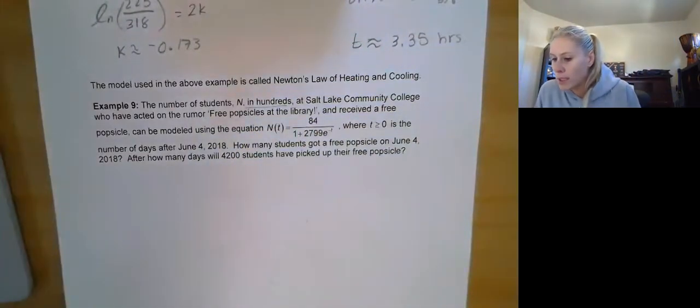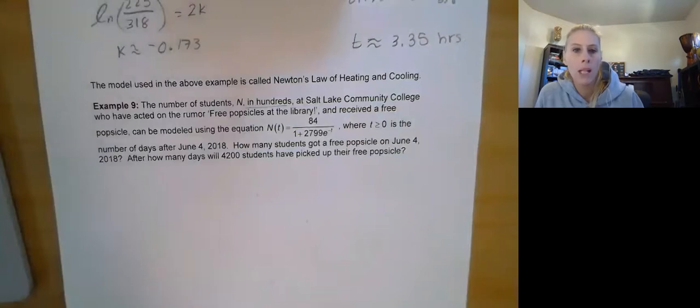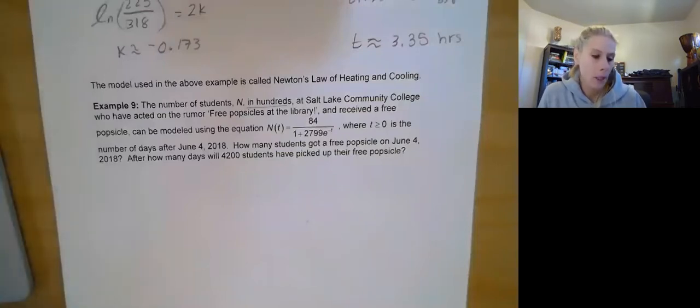At Salt Lake Community College, who have acted on the rumor of free popsicles in the library and received a free popsicle can be modeled by N of T, where T is greater than or equal to 0 is the number of days after June 4th, 2018. How many students got a free popsicle on June 4th, 2018? And how many days after will 4,200 students have picked up their free popsicle?